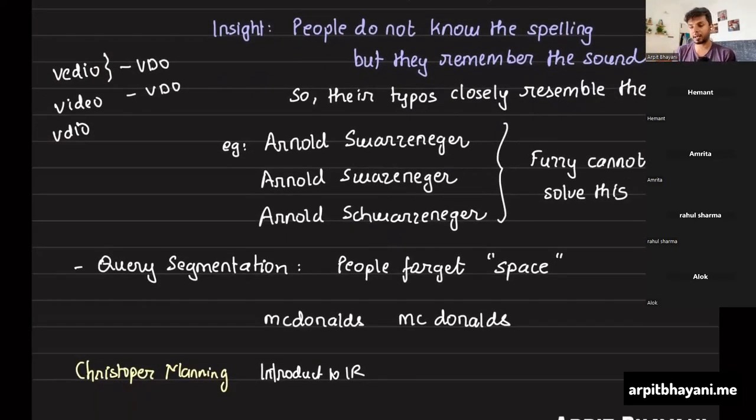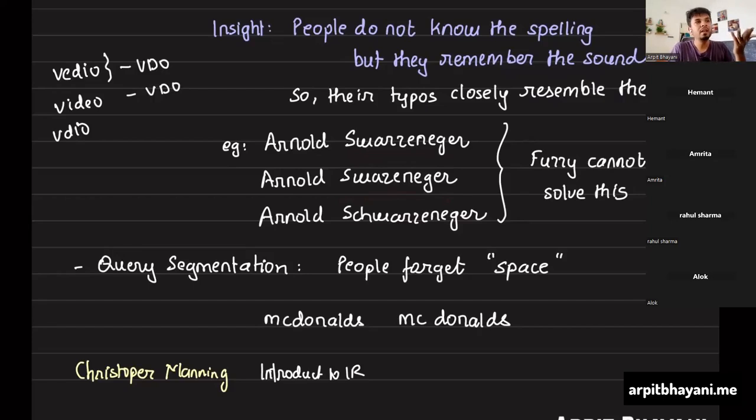This helps us in solving problems where it's hard to know people's names, especially when you're building a service that serves users across the world. You might not know the spelling of the surname of a particular person belonging to another nationality. It's not being racist. It's about you not knowing the spelling of their name, but you know how it sounds. When you want to match that, this comes in very handy.